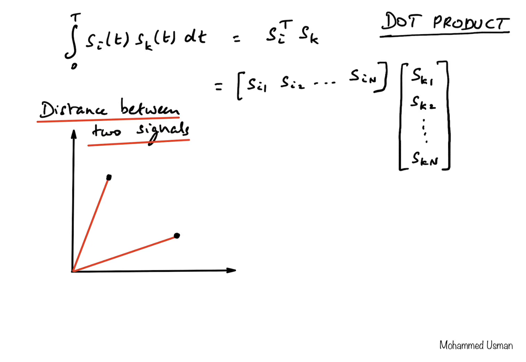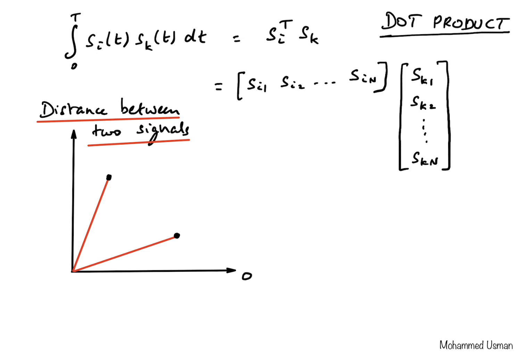So the next thing we are going to do is to compute the distance between two signals. So if we represent one signal as a vector s1 and another signal as a vector s2, then the coordinates of this point is the x-axis and y-axis values, right? So x1 y1 and x2 y2, which is basically s11 s12 and s21 s22, right?